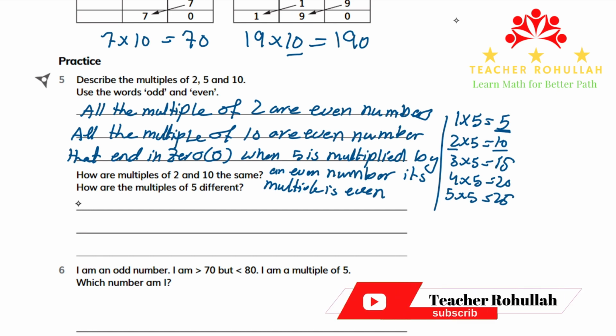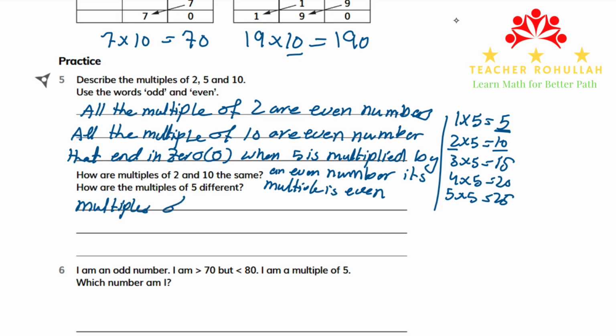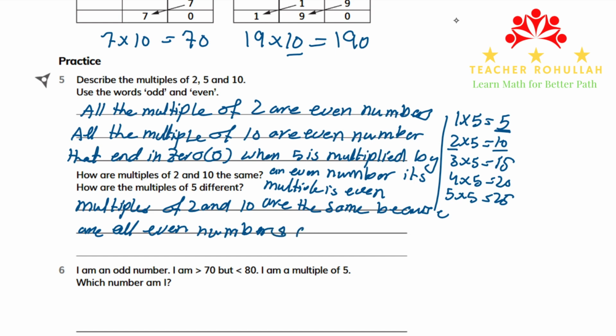So we can say that multiples of 2 and 10 are the same because they are all even numbers.